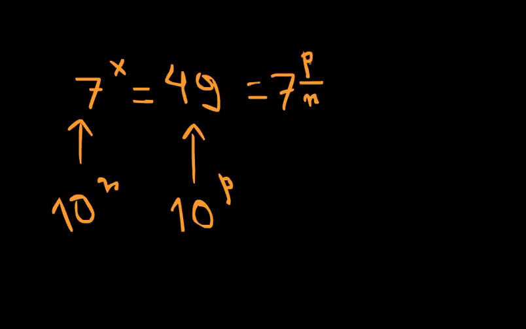And indeed, if you try it with a calculator, it would give you this number, and this number, and then you could divide them and you would get the answer.